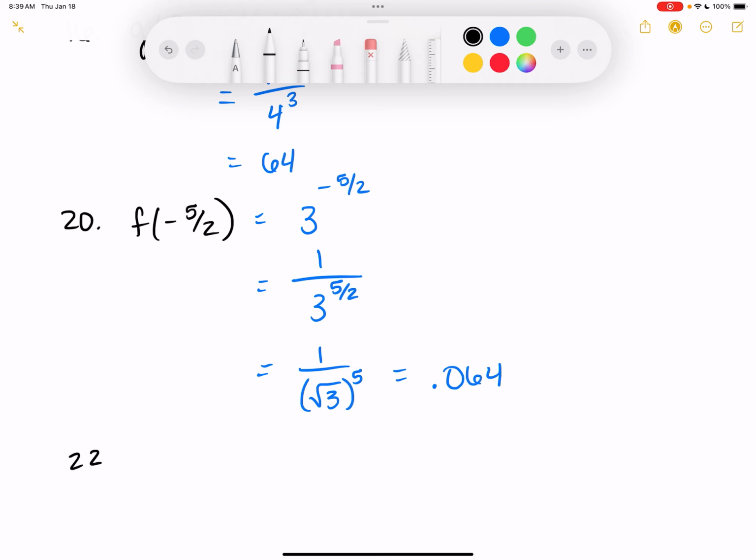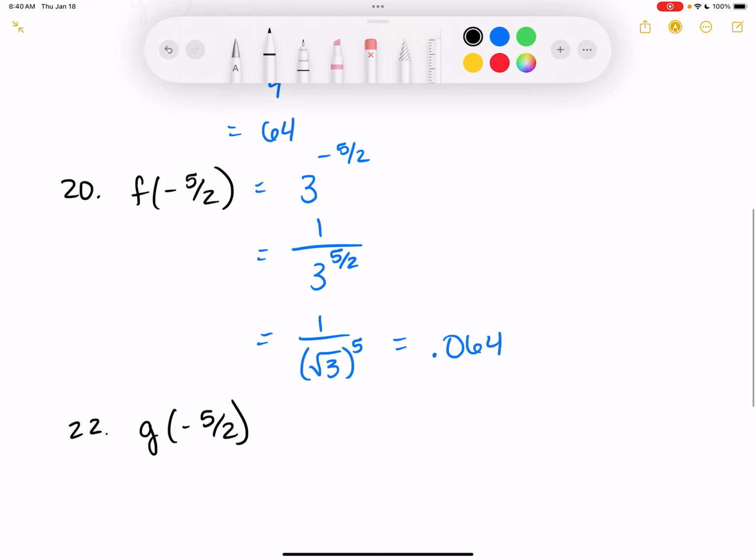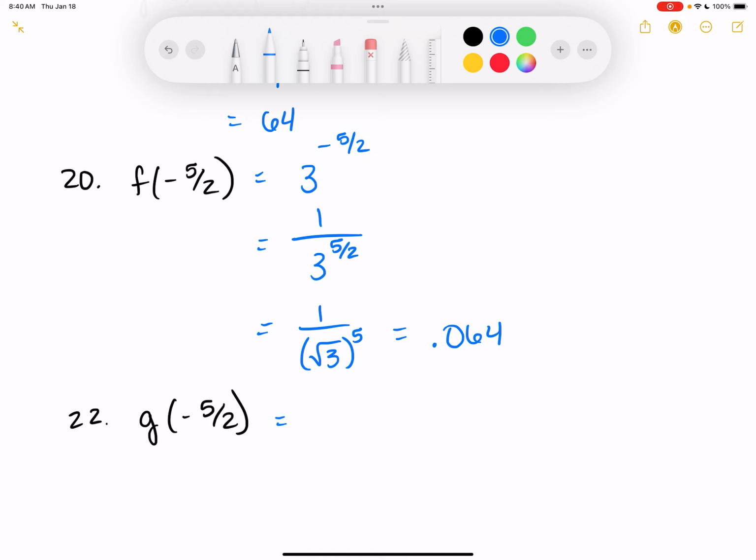22. G of negative 5/2. So same exponent, but we're doing it on the other one. So g of x was 1/4 to the x. So 1/4 raised to the negative 5/2. Any ideas what to do with this one?